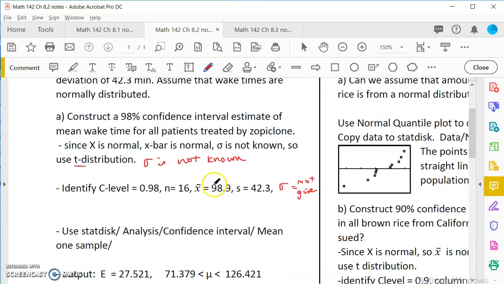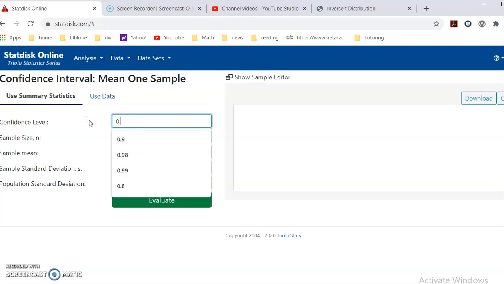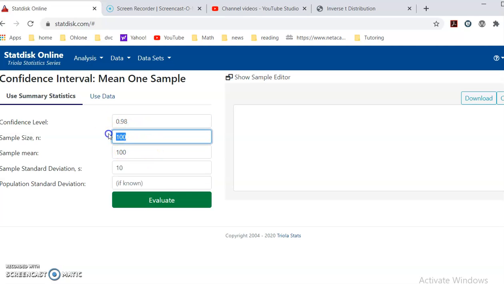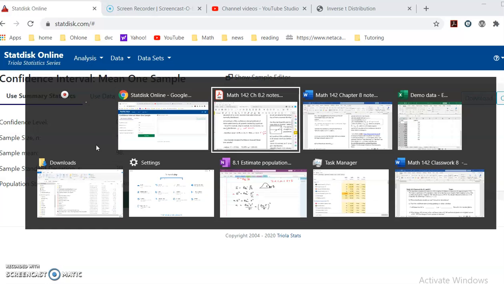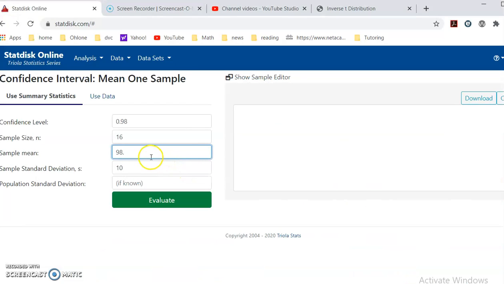And then you would enter these in: 0.98 is 98%, 16, 98.9, 42.3.